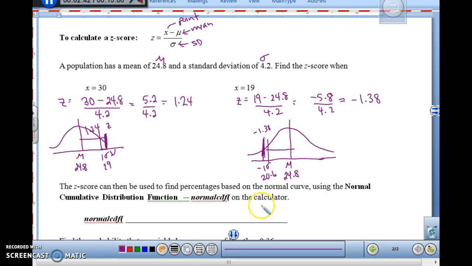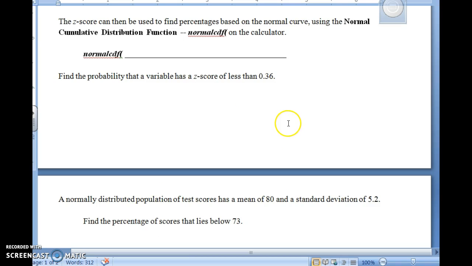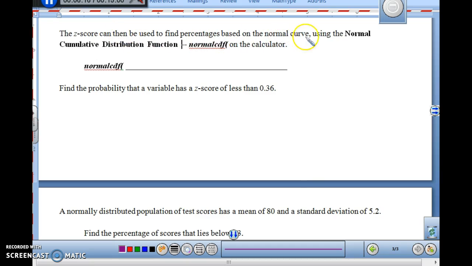Now what do we use z-scores for? That's what we're going to look at next. Once we know what the z-score is, we can use it to find percentages based on the normal curve using the normal cumulative distribution function, which is normal CDF on the calculator. You find it using second, vars, and then number 2, normal CDF.